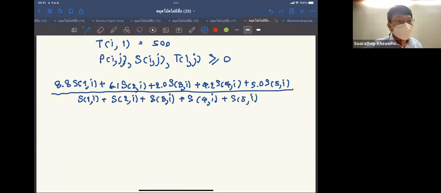All right. And this value must be between 3 and 6. Okay. Is it okay?